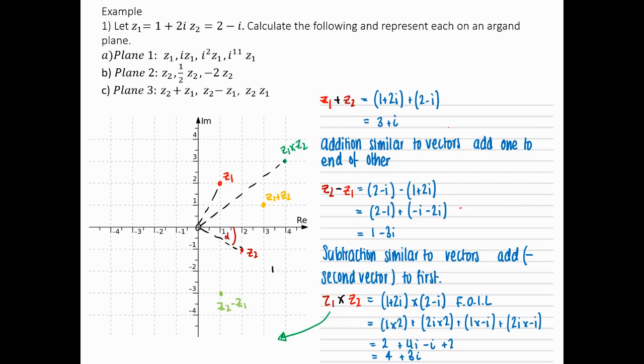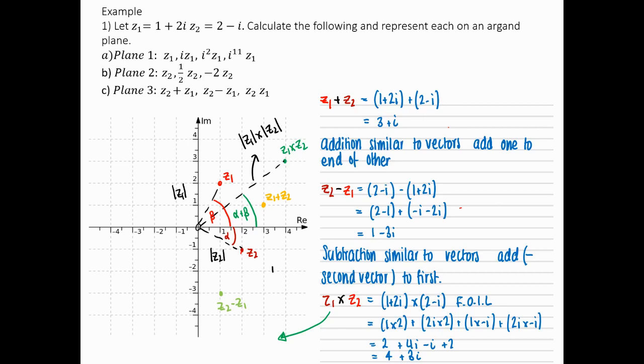So z1 times z2 is all the way up in this first quadrant, 4 across, 3 up. Now notice here, if I look at the angles, if I add the angle between z2 and the real axis, and z1 and the real axis, if I add these together, I end up with the angle that z1 times z2 makes with the x-axis.